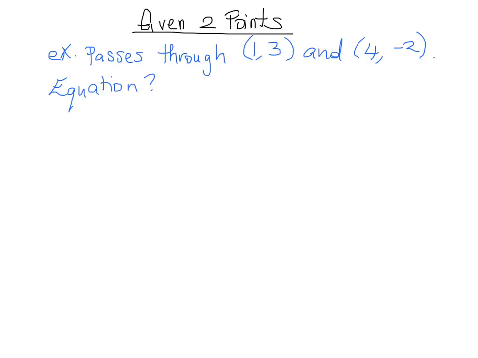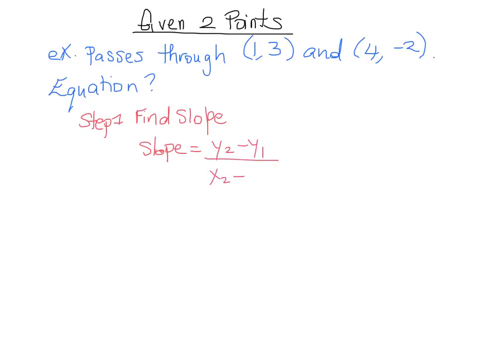The first thing that needs to happen is that we need to figure out the slope. Now, you may remember from a previous lesson that in order to find slope, we need to do y2 minus y1, that's the rise, over the run, which is x2 minus x1.